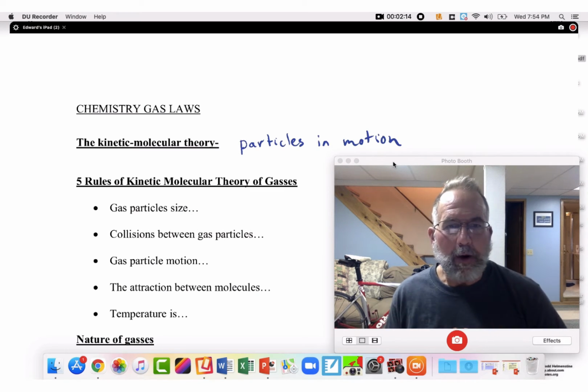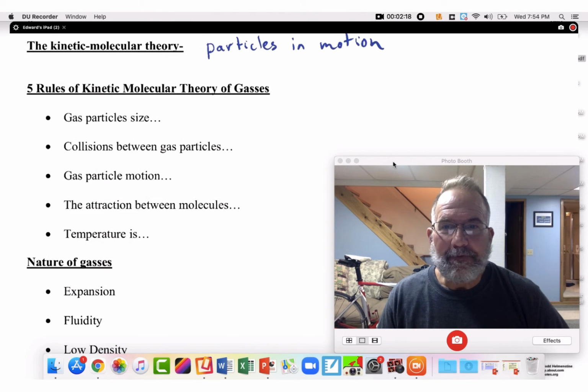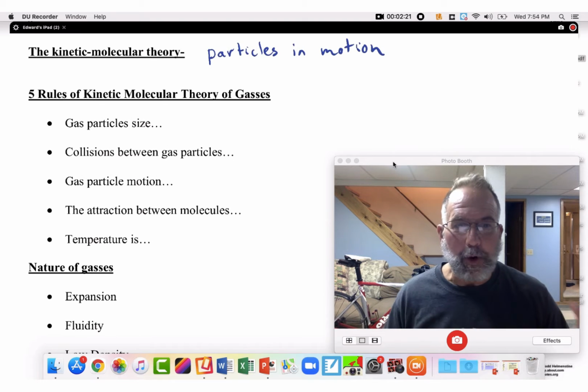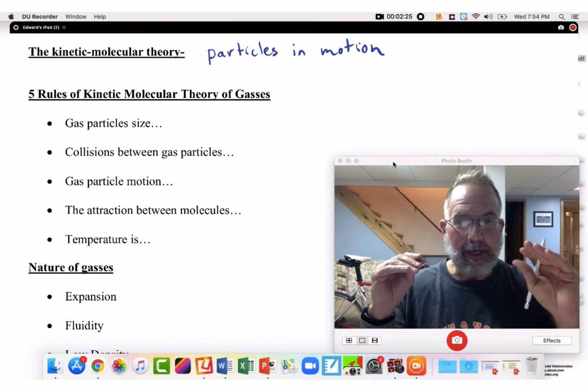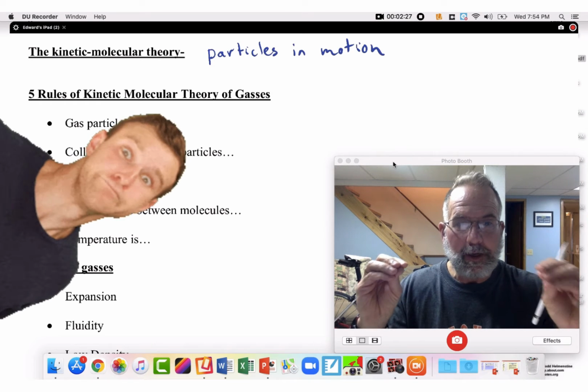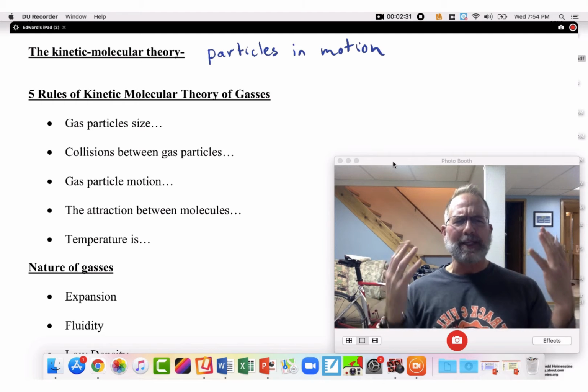Now, one thing we're going to do is take this rule about particles in motion and apply it to gases. Not just any gas. We're going to make ideal gases. Ideal means the perfect gas.